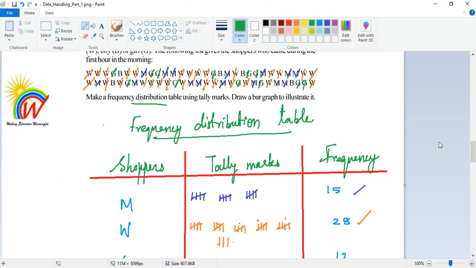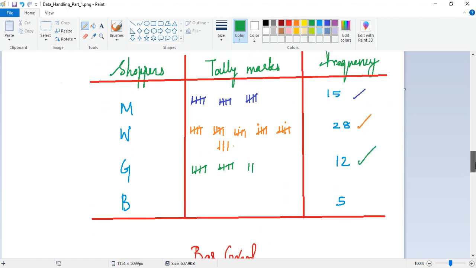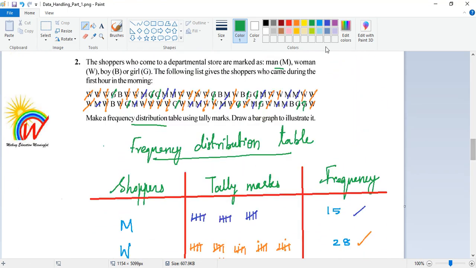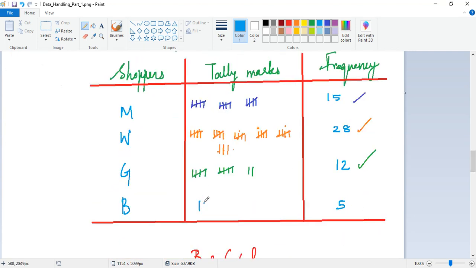So 5, 10, 12. Okay. Then the last one, that is the boys. So for boys, there are 1, 2, 3, 4, 5. That's all. So this is how you will draw the tally mark, okay?